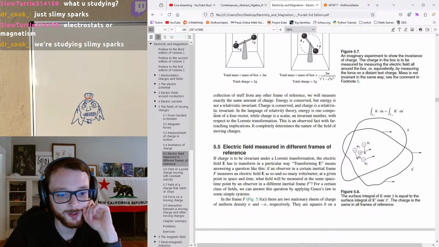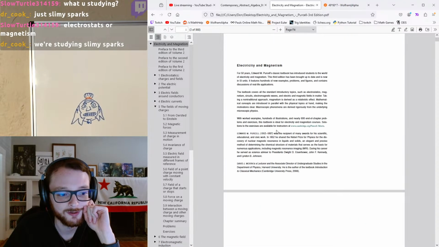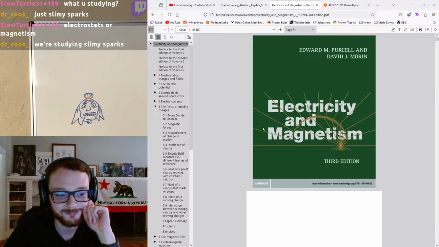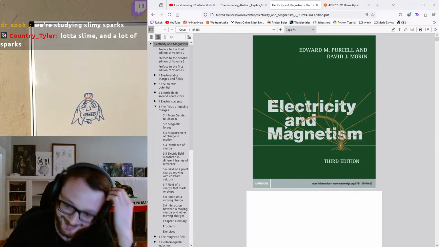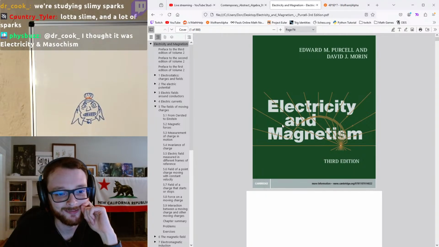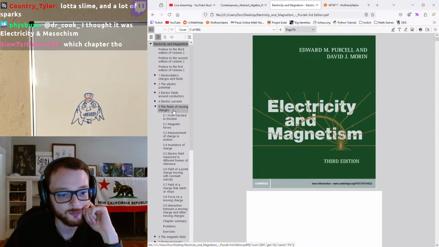So I've been doing a reading group for electricity and magnetism out of this textbook here. On each Saturday, we have an actual meeting on this. We're currently on chapter 5, which is just introducing magnetism.